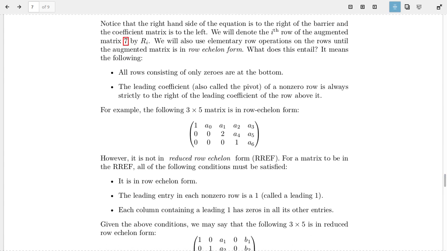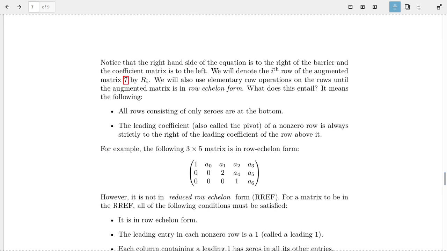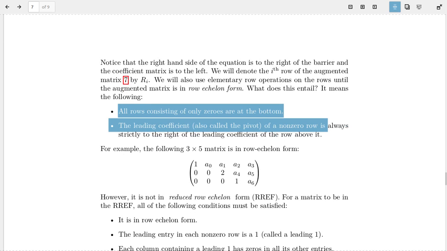Now, forming a matrix in reduced row echelon form is going one step further. What has to happen is that first, of course, your matrix has to be in row echelon form, meaning it has to satisfy the first two conditions, right?